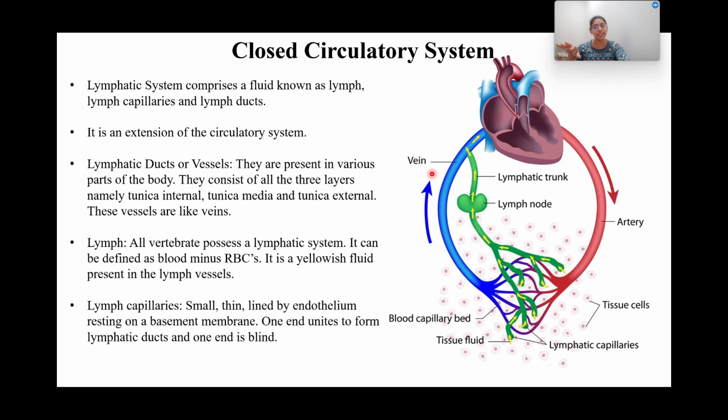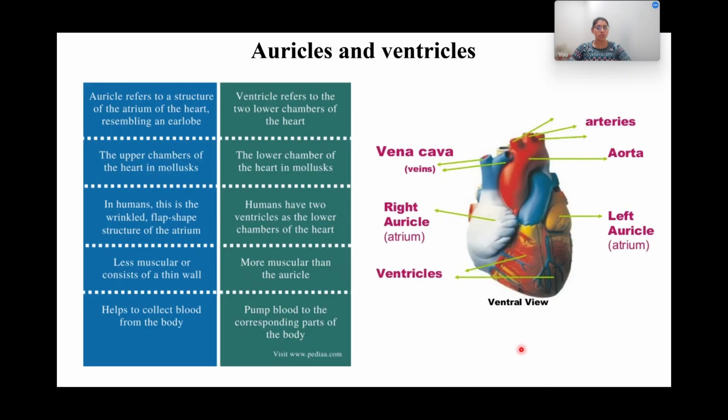So now let's move on to the heart, and one of the terms that you will always encounter when you study the structure of the heart is auricles, and subsequently you will also read about ventricles. So first try to understand what auricle and ventricle are before we move on to the components and the functionality of the auricles and ventricles in the heart.